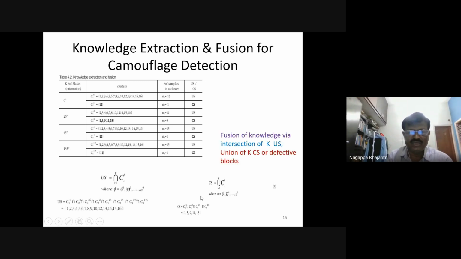With a little mathematics, the fusion of knowledge is via the intersection of K clusters on the camouflage set and the union of the K sets, camouflaged or defective. So this is a camouflage set and this is an uncamouflaged set. Here we can measure that block 11 shows the maximum information which comes under the defective or camouflage portion.